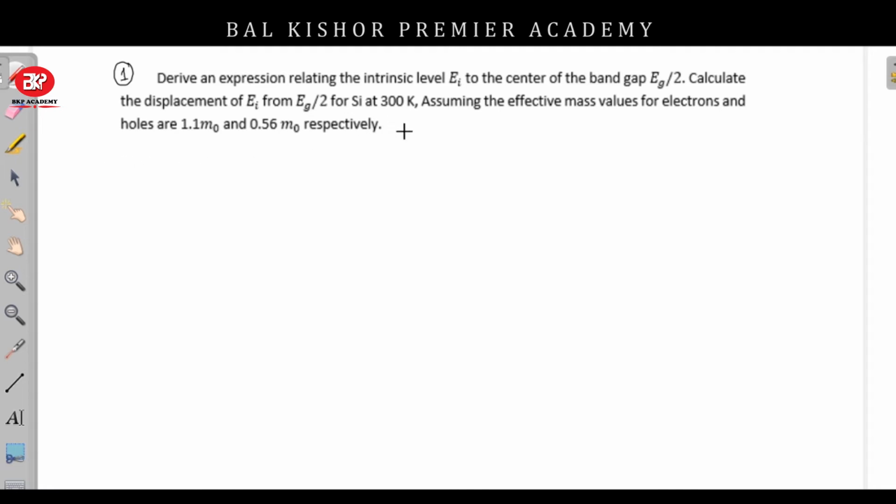So Ei, according to the question, is the intrinsic level, and Eg by 2 is the middle of the band gap, or the center of the band gap.